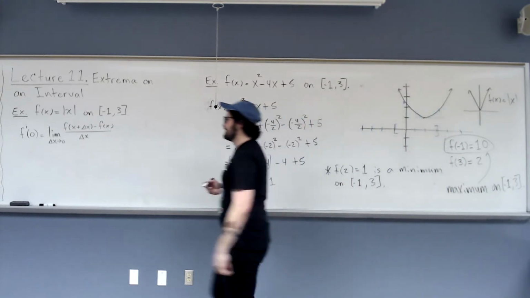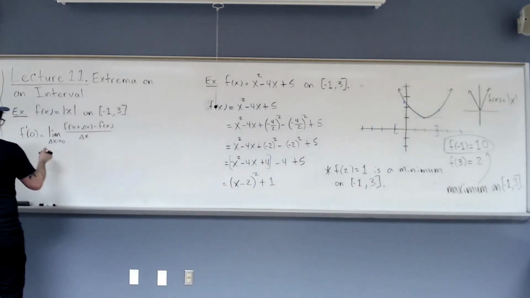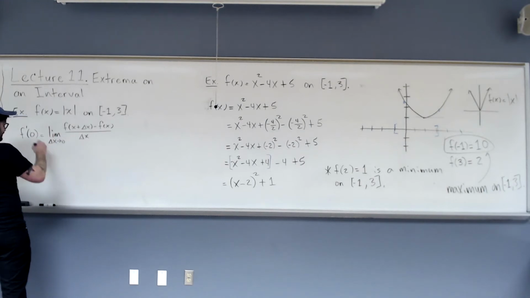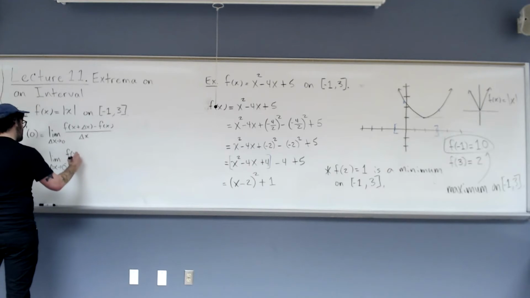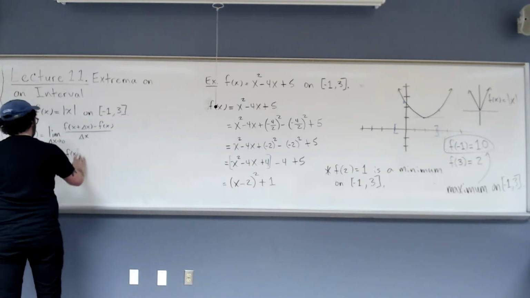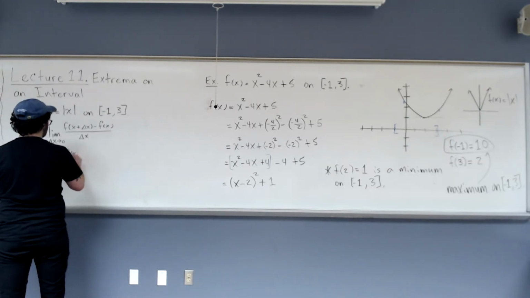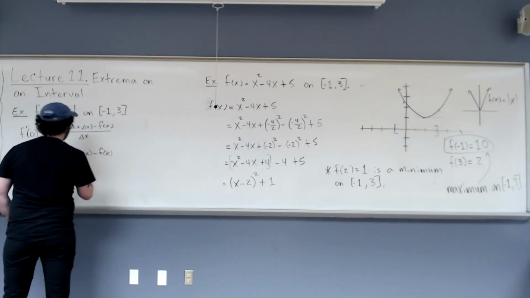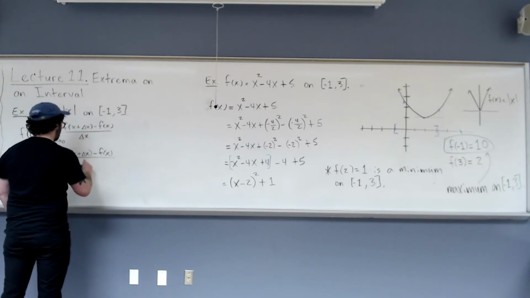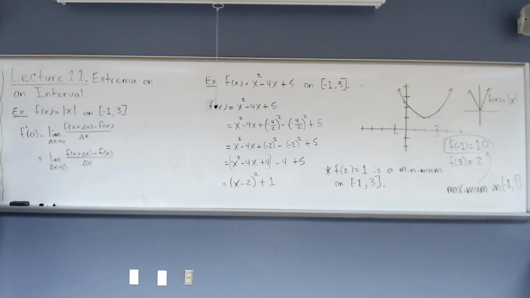So maybe we should consider the limit as the change in x goes to 0 from the left of f of x plus delta x minus f of x over delta x, right? We need to be very careful here.